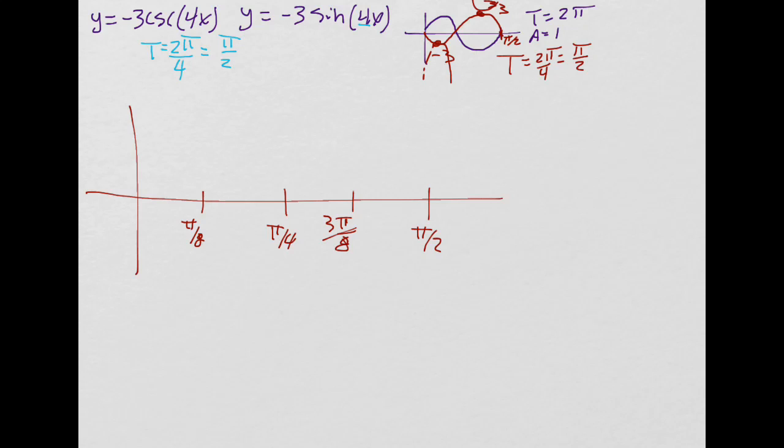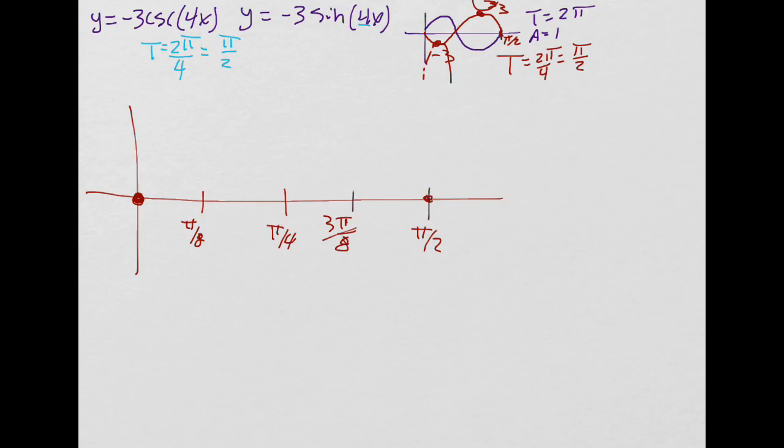And so again, think about these functions. Well, where is sine of theta going to equal 0? Because that's going to tell me where cosecant is going to have a vertical asymptote. Well, I know it's going to be 0 there, because sine of 0 is 0.